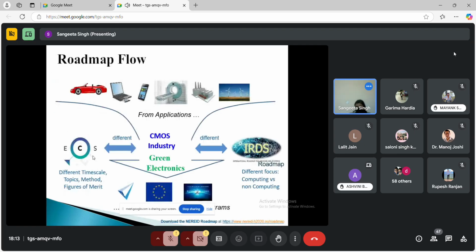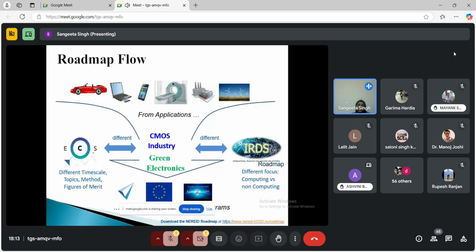Okay, so the roadmap flow. What does it say? We are talking about the CMOS industry, the silicon industry, the transistor. Today it is very tough to think of an aspect of human life which doesn't have electronics in it.